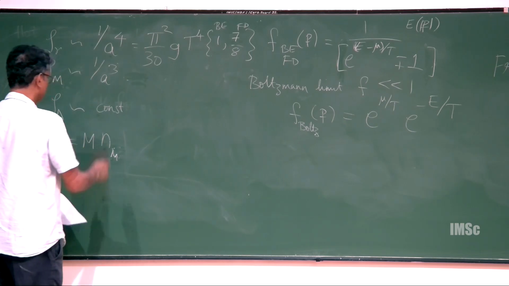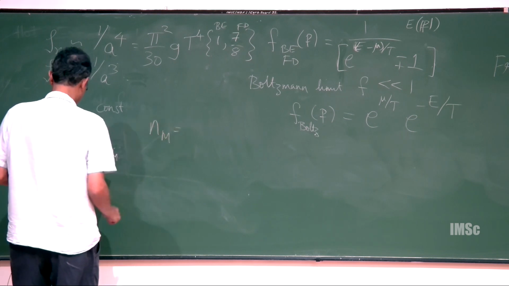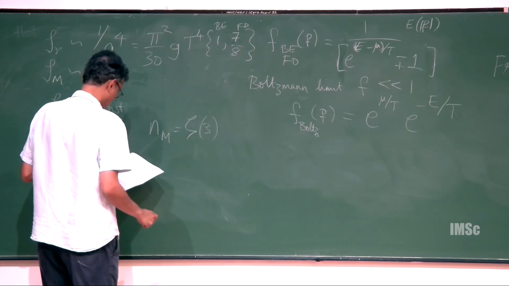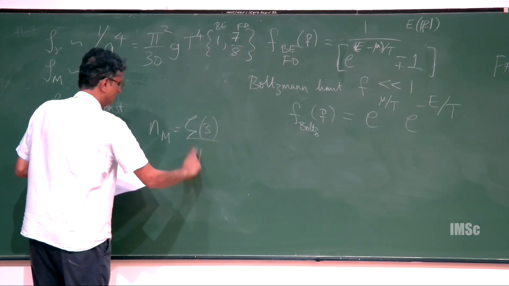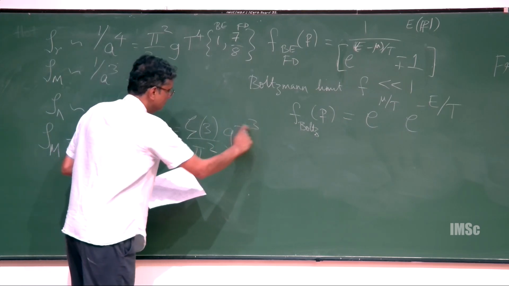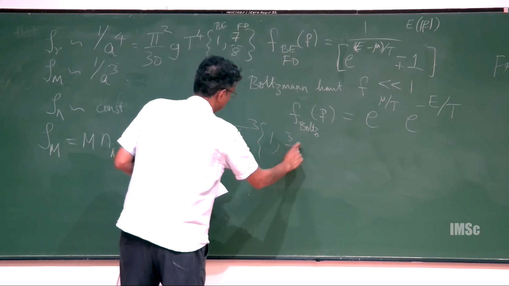And so the number density is what I'll write for n, proportional to zeta of 3 over pi squared times g T cubed, times 1 or 3/4.